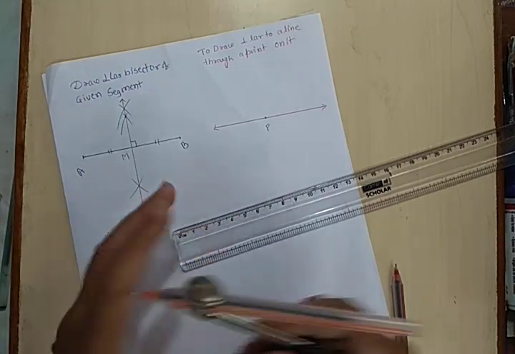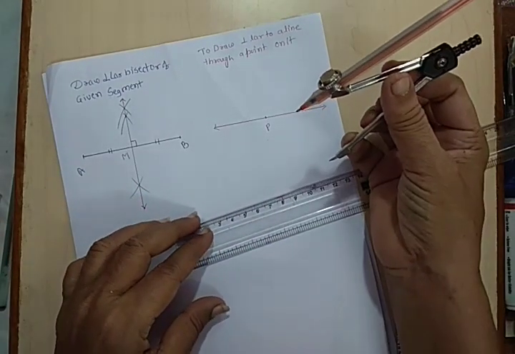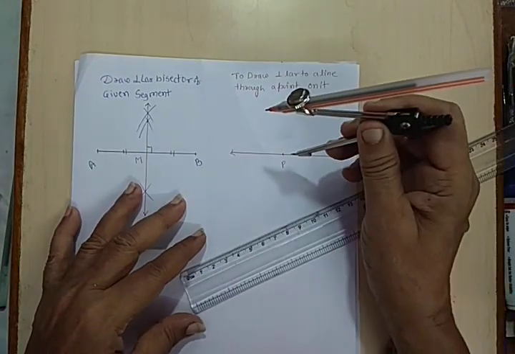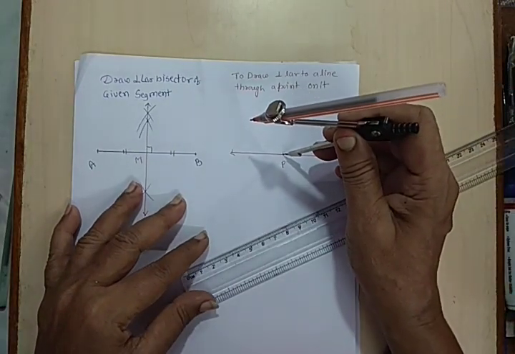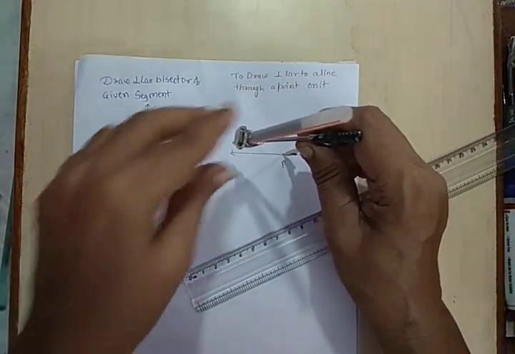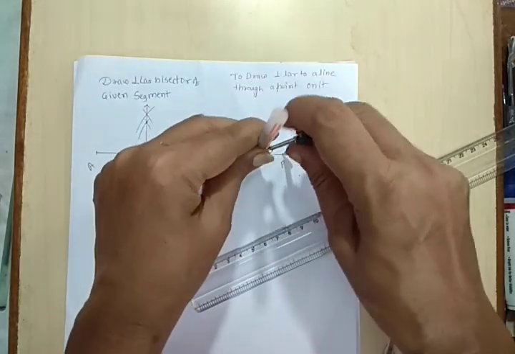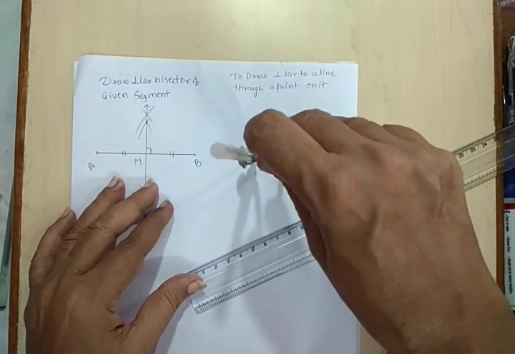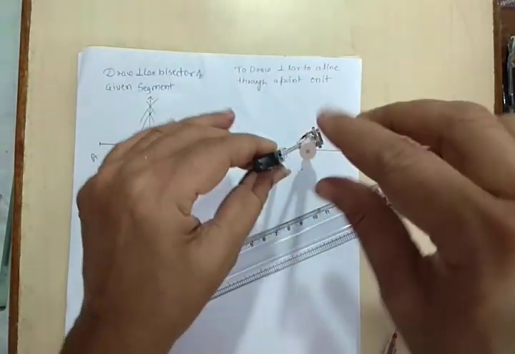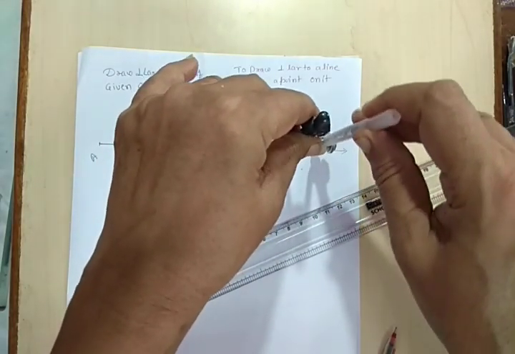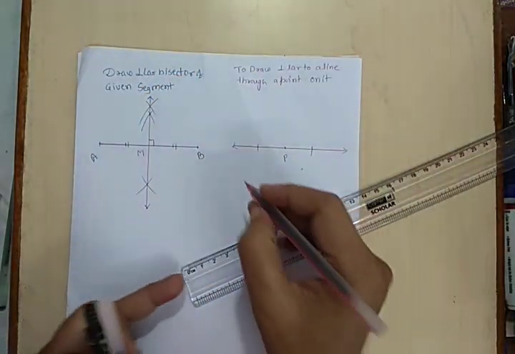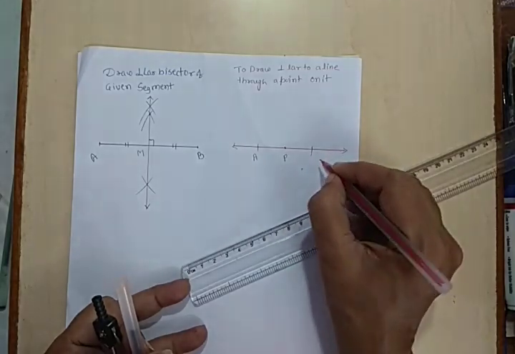Again, I know that every point on perpendicular bisector is equidistant from some 2 points. So, this line is infinite, therefore I choose a segment of this line. This segment can be acting as AB.